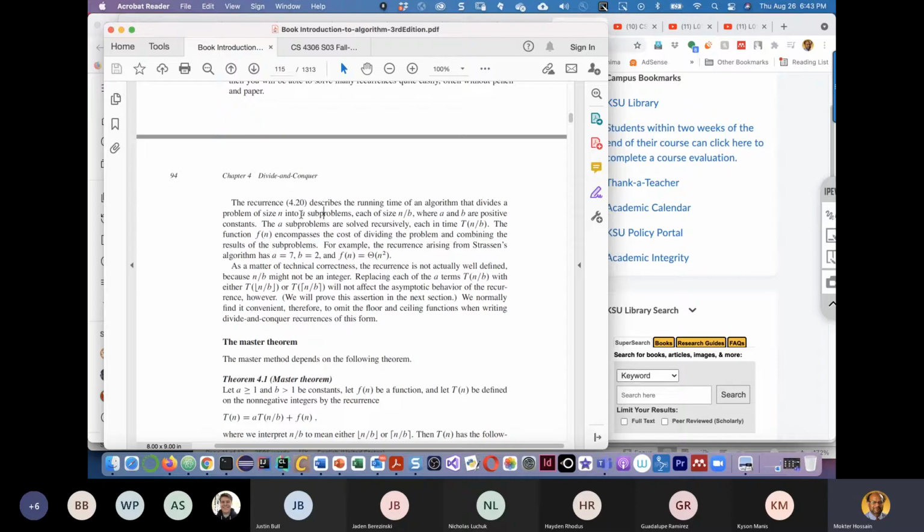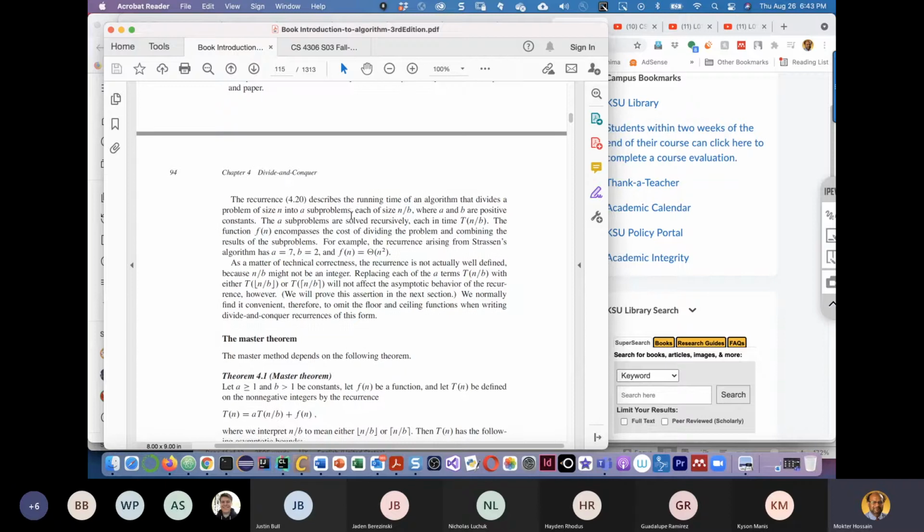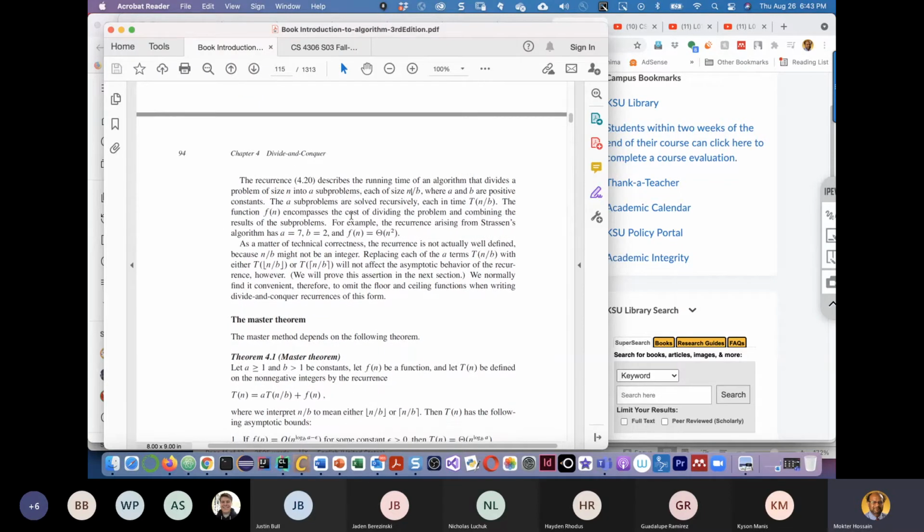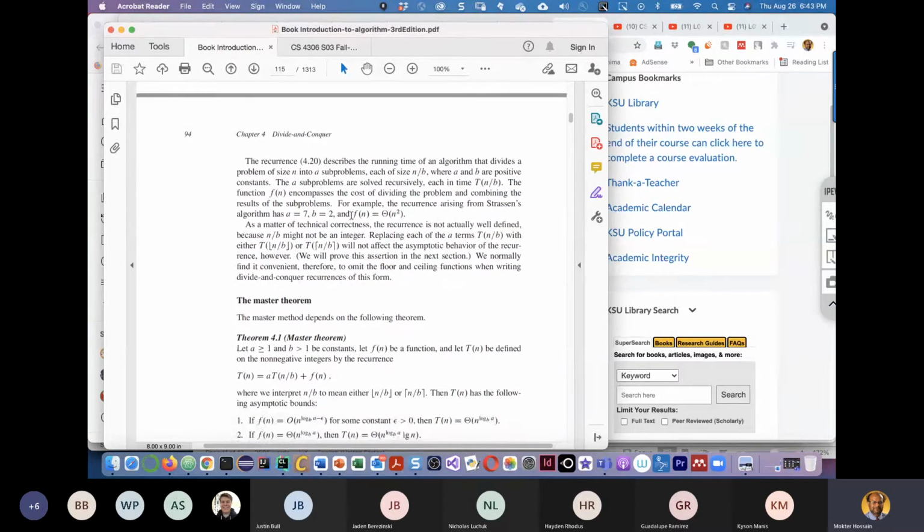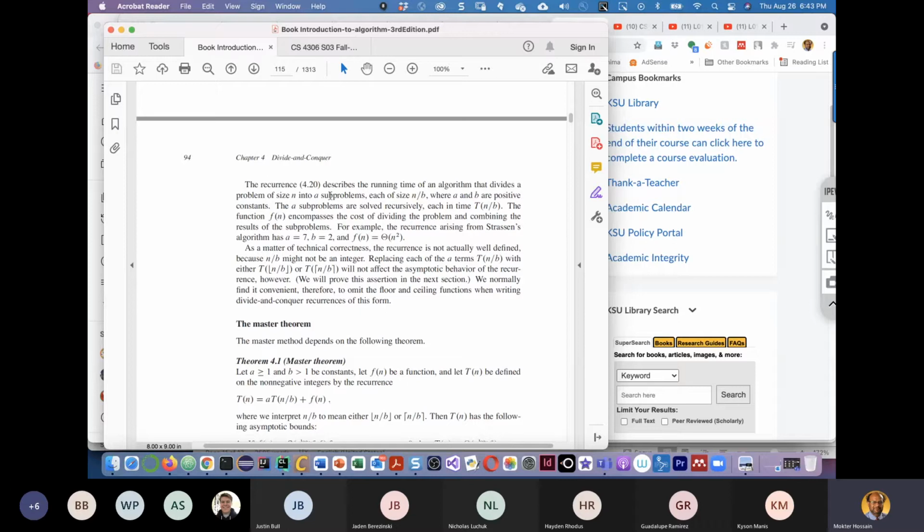Here a denotes how many subproblems, and b denotes the size after every division. In Merge Sort, we split the problem in half every time, so we got 2 subproblems.